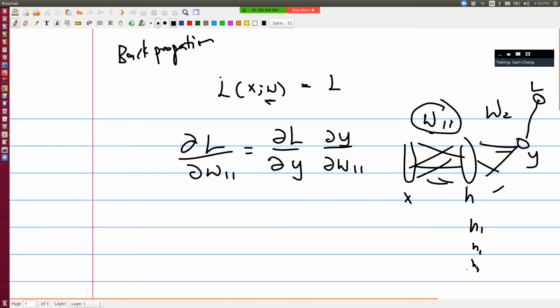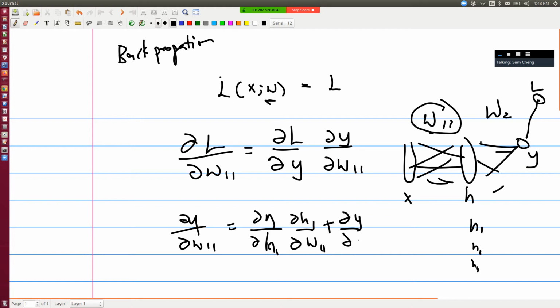So partial Y partial W11 can be split into partial Y partial H1 times partial H1 partial W11, plus partial Y partial H2 times partial H2 partial W11, and so on and so forth.